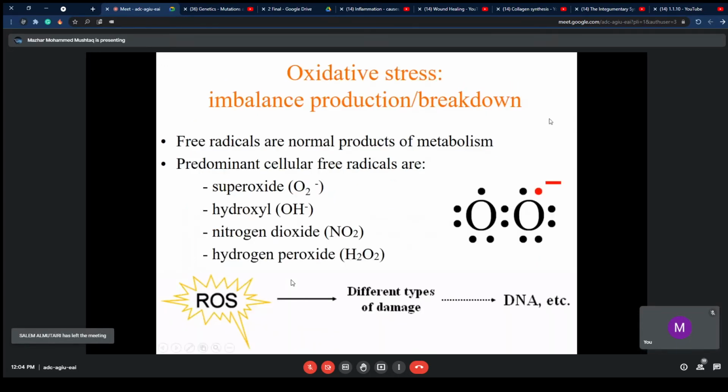This is what the free radical looks like, and these are the different types of free radical: superoxide, hydroxyl, nitrogen oxide, hydrogen peroxide.